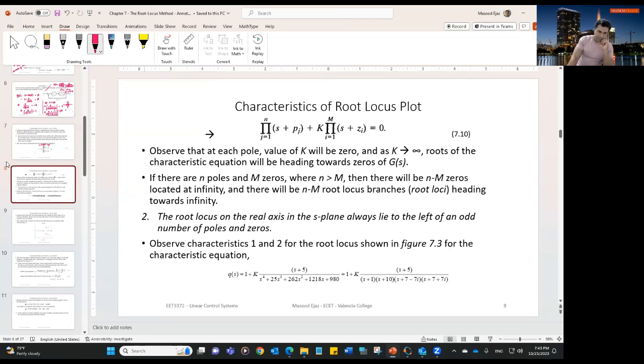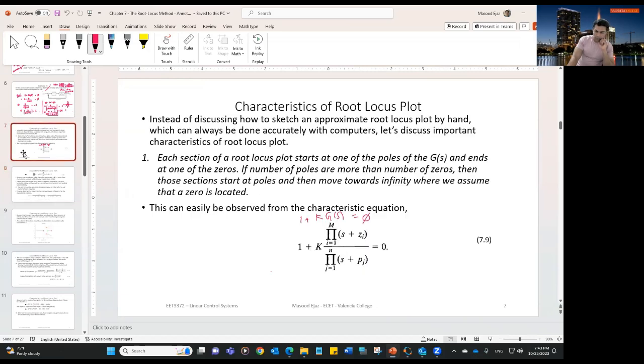Because this is your equation, 1 plus kG(s) is equal to 0, or k times G(s) is equal to -1. So when k is going to be infinity in this case, let's put this.